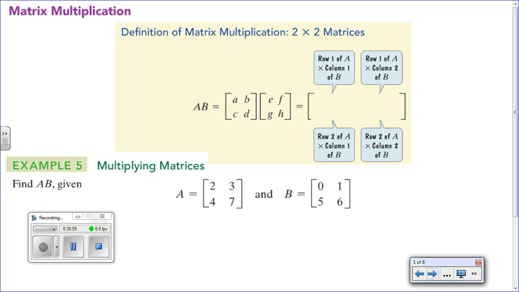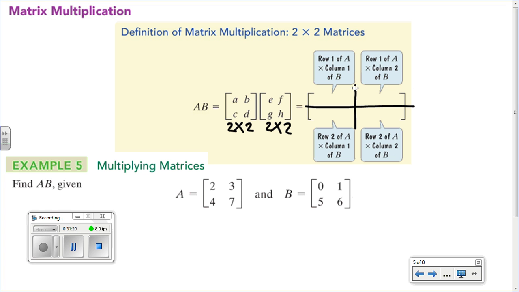Right, now multiplication of two matrices. I like the way they were setting them up, so we'll try to do that as well. Sometimes this is a little confusing. First of all, you have to make sure that the dimensions work.